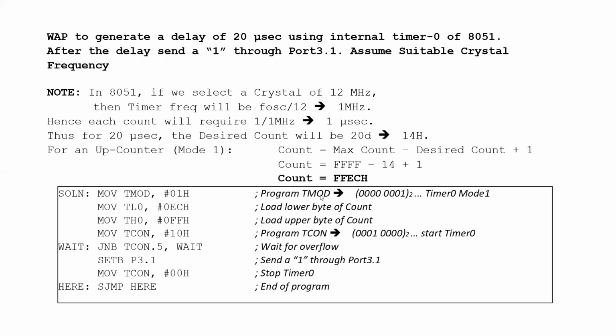And next we need to load the count value to the timer register. For timer 0, we have a 16-bit register, which is separated into two 8-bit registers, TL0 and TH0.